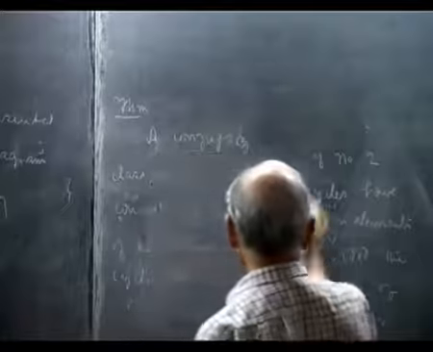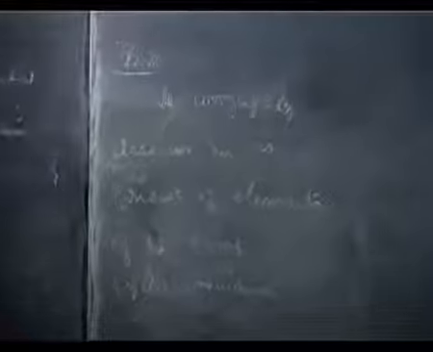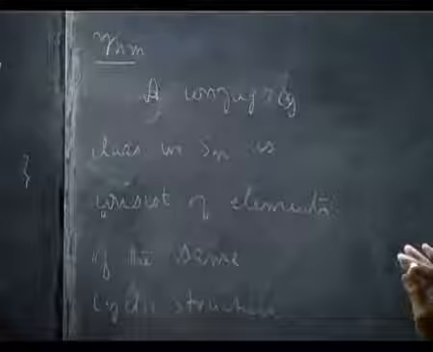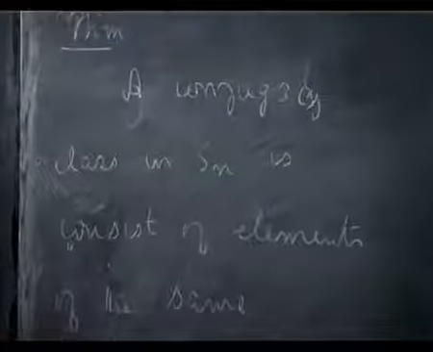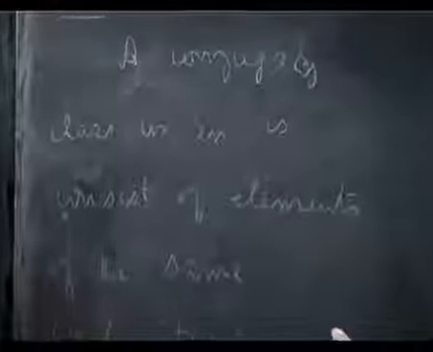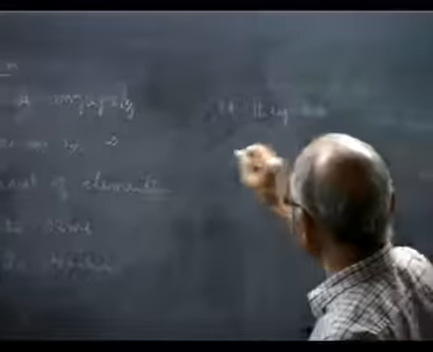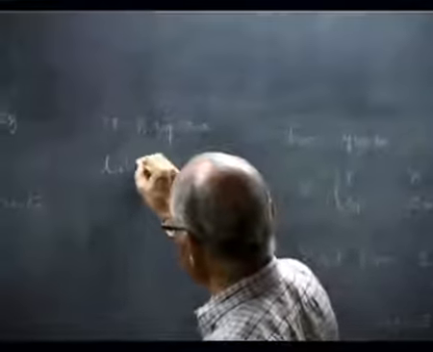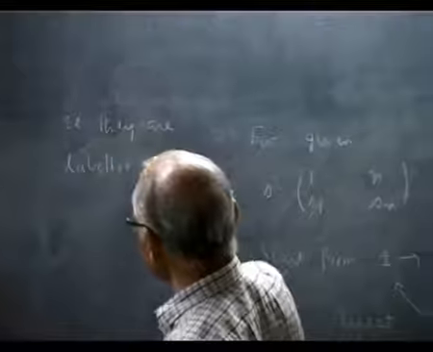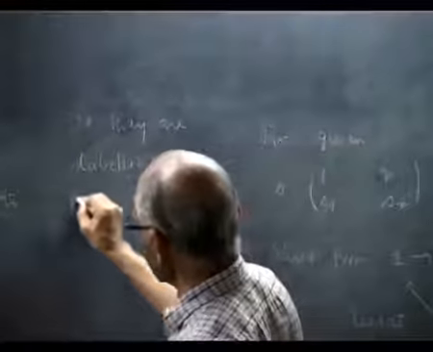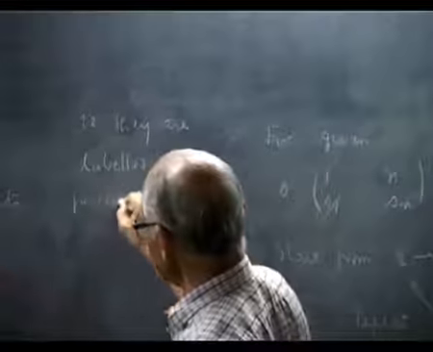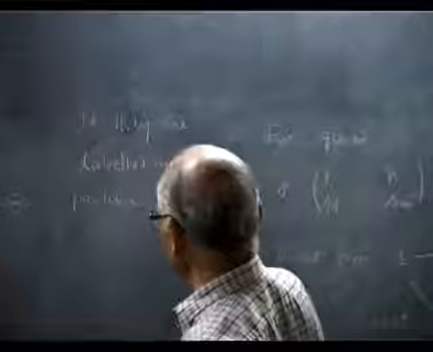That is, they are characterized by the number of cycles. So the conjugacy classes are given by the cycle structure, that is, they are labeled by partitions of n.